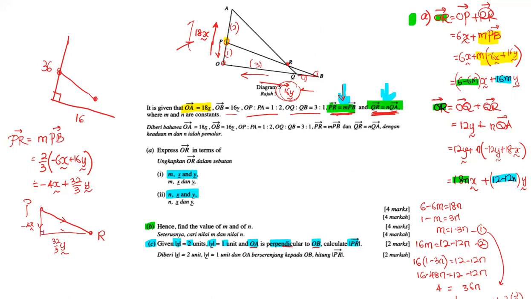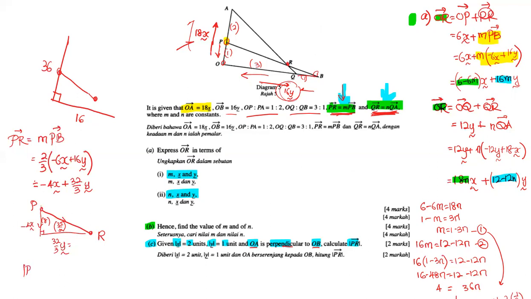And the magnitude x is 2. So I can say this one is 8, the magnitude is 8. And this magnitude is 32/3. So what's the length?